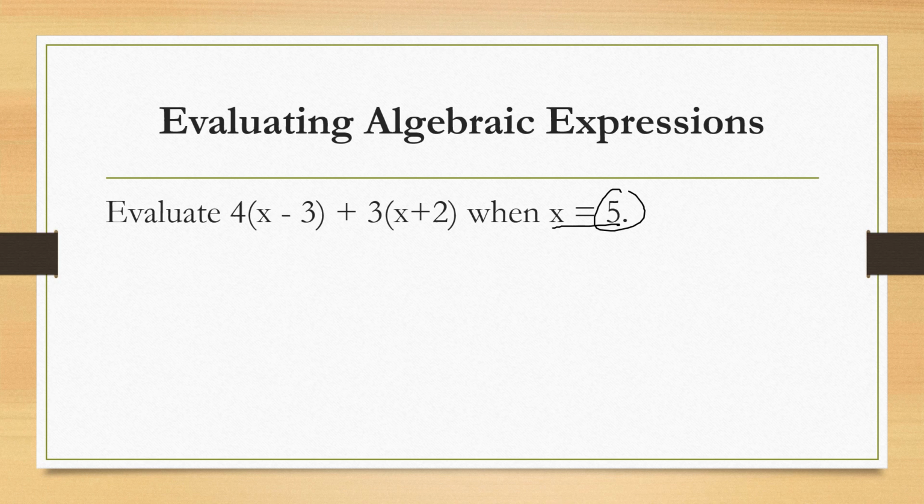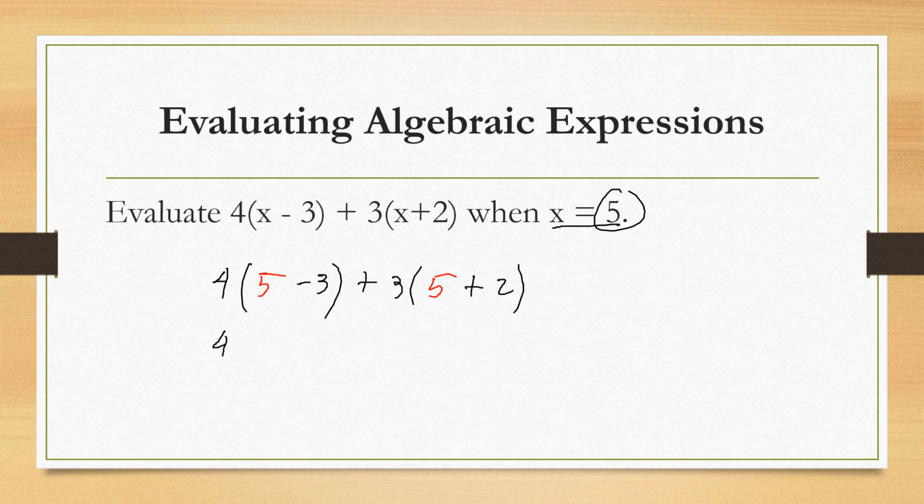So, what will happen is that magiging 4 times yung ating value ng x ay 5. So, papalitan natin yung x ng 5. And then, plus 3 times, same procedure, yung x natin ay 5. So, palitan natin ng 5. Then, simplifying, following the GEMDAS rule. So, unahin natin yung nasa loob ng parenthesis.